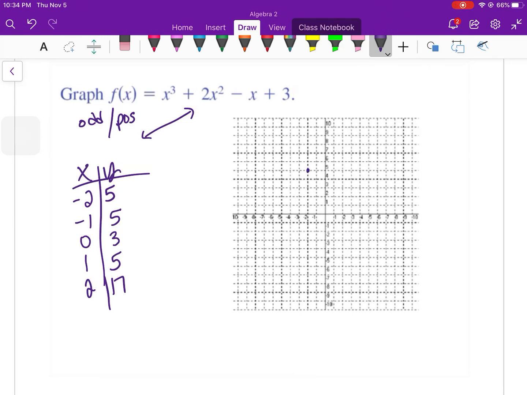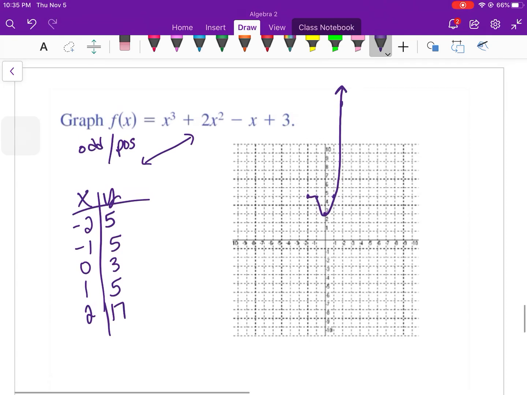So graphing that, I got negative 2, 5, negative 1, 5, 0, 3, 1, 5, and 2, 17. So that's going to be up here. So if I was to connect this as I have it, from left to right, it's going to look like this. Now, I know that this function doesn't just end like that.